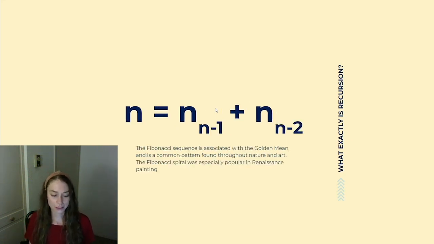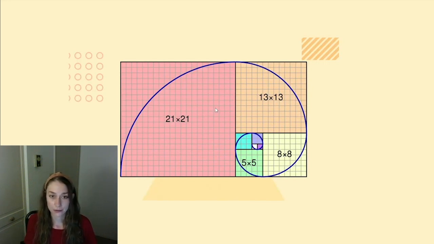So this is an example of the Fibonacci sequence. Basically the same thing as the golden mean, which we talked about earlier. It's another way of mathematically representing this number, the golden mean. And it's very common inside of Renaissance art because it was just kind of a part of the public consciousness at that time. And you see it represented here.